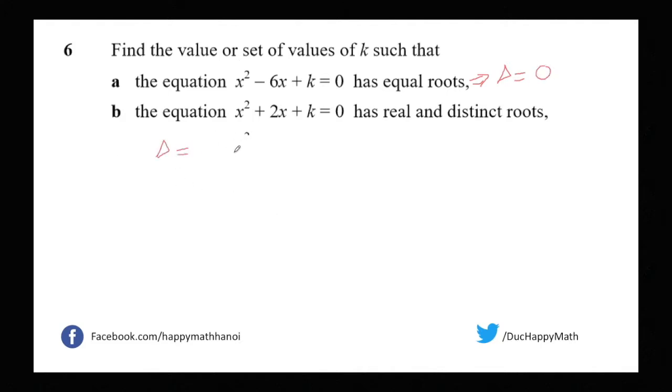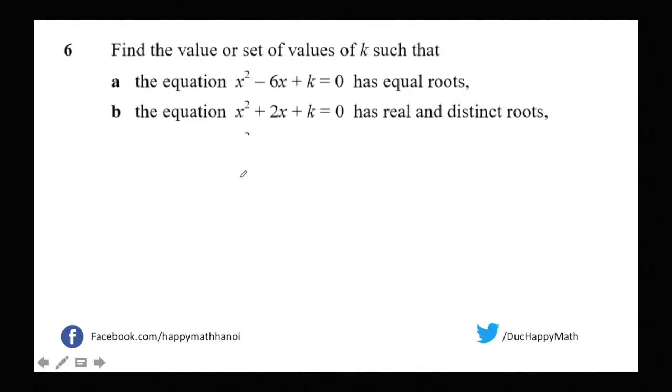When delta equals 0, b squared minus 4ac is minus 6 squared minus 4, with a equal to 1 and c equal to k, equal to 0. So 36 minus 4k equals 0, and k will be equal to 9. Yes, this question is quite easy.